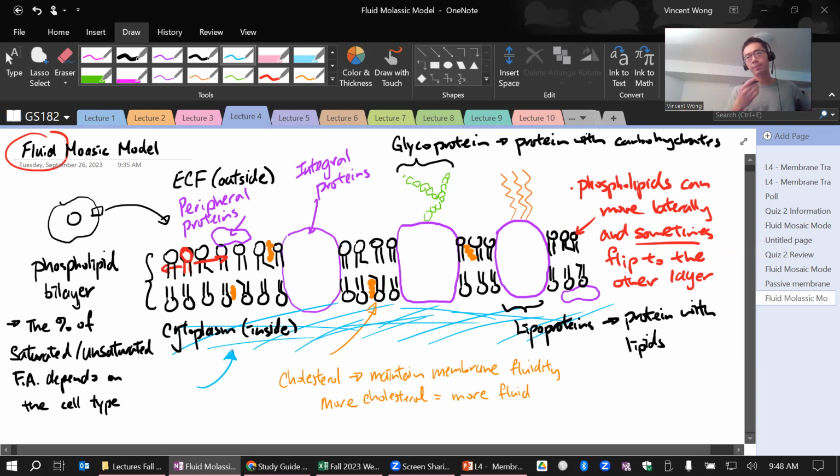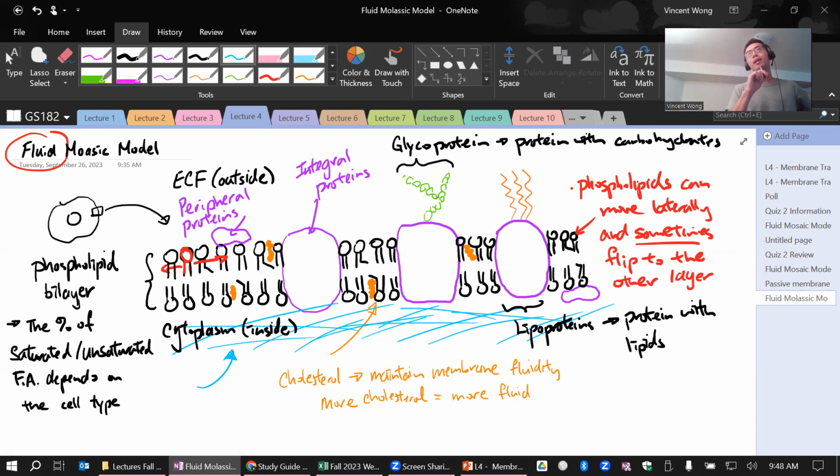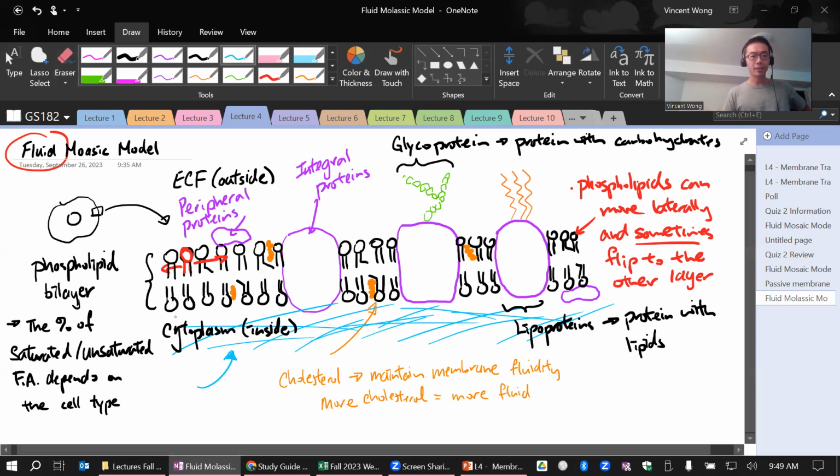The matrix is like the inside of the mitochondria, right? That's where we used it in that context. That's right, the actin. Very good, the actin. I'm going to call it the cytoskeleton. Cytoskeleton, the actin. So it helps maintain the cell shape, and so on and so forth.